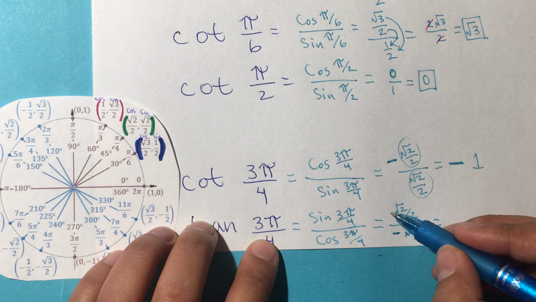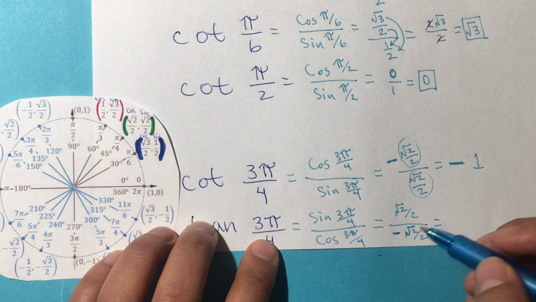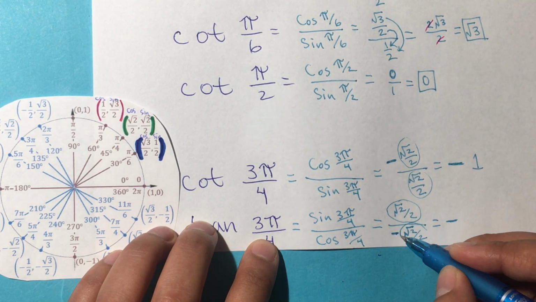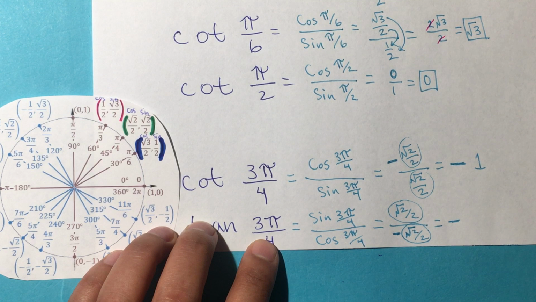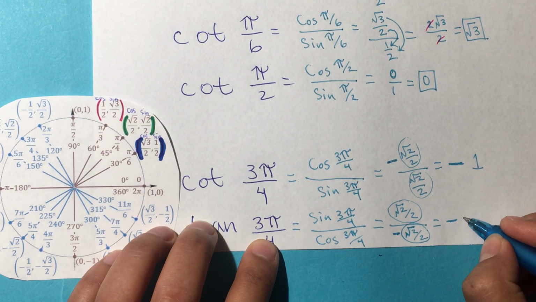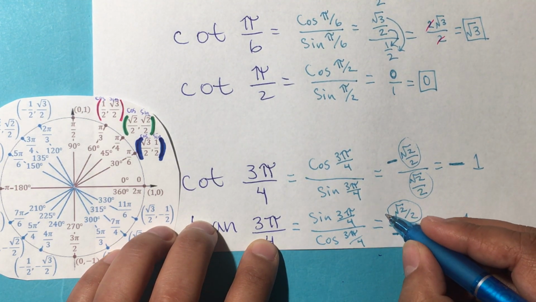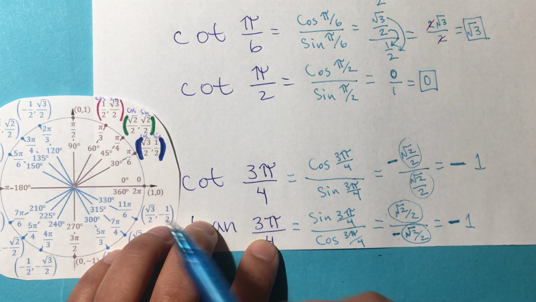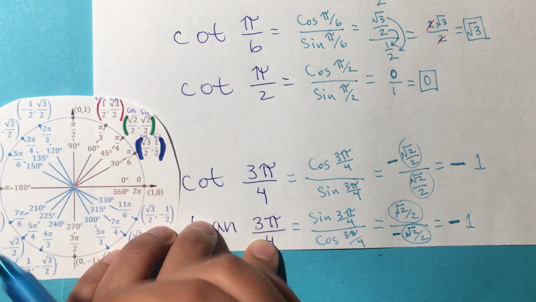I'm going to divide the signs first. Positive divided by negative is negative. And this again is the same value. It's like saying 8 divided by 8, 1. 10 divided by 10, 1. 1000 divided by 1000, 1. So this value divided by the same value, 1. Okay? And just play with the signs. Positive divided by negative, negative. That negative is from the cosine, which is the x value.